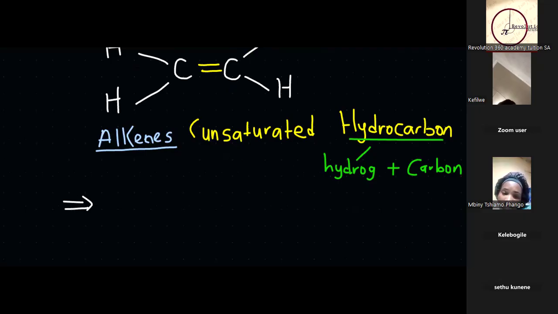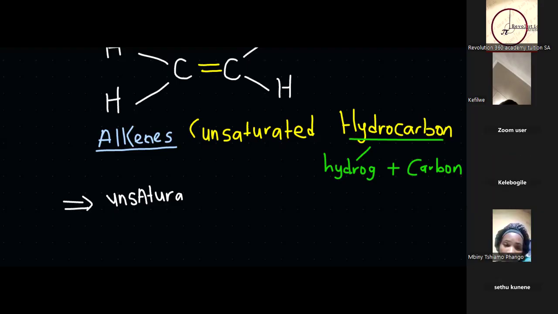Unsaturated hydrocarbon. I'm gonna try to type it down. So when we speak about alkenes, these are unsaturated hydrocarbons with double covalent bonds.